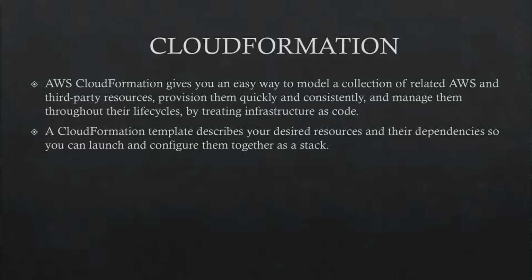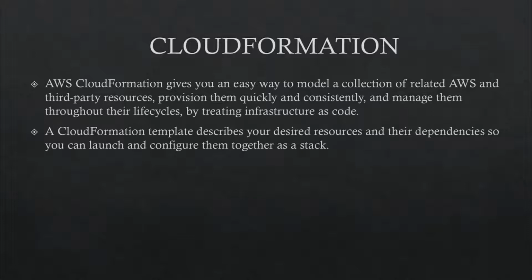A CloudFormation template describes your desired resources and their dependencies so you can launch and configure them together as a stack. CloudFormation is going to help us set up all of this infrastructure. So let's see what AWS CloudFormation is.